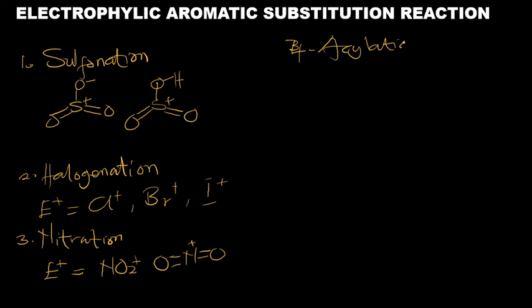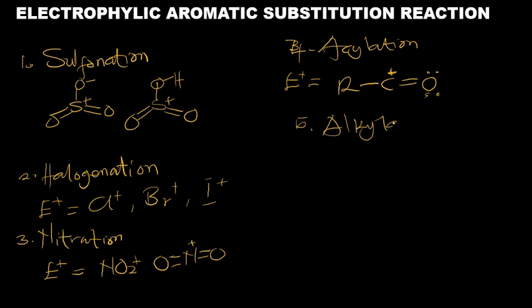I remember we already have 3 bonds attached to the carbon over here, and oxygen is so electronegative such that it's going to cause a positive charge to be on our carbon, and this gives it its electrophilic property. So these are the electrophiles we need to look out for when we're carrying out any of these processes. Of course, if you are doing alkylation, our electrophile is simply represented with an R group. It must have a positive charge on it.